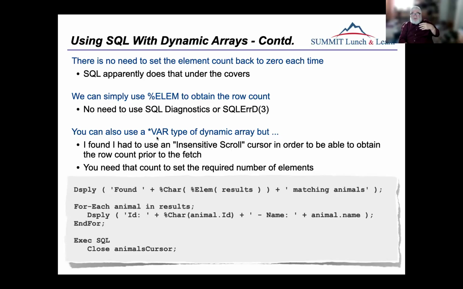But of course, if you're using *var, you've got to be able to set the capacity, the number of active elements that you want, before you pull them in. So I just found it wasn't worth the effort. I couldn't see any real value in using *var, and it just made the thing as klutzy as having to use a conventional fixed array. So this one using the auto arrays, I think is great.